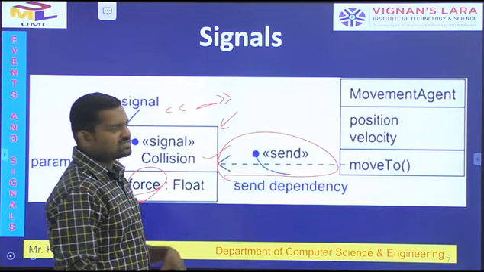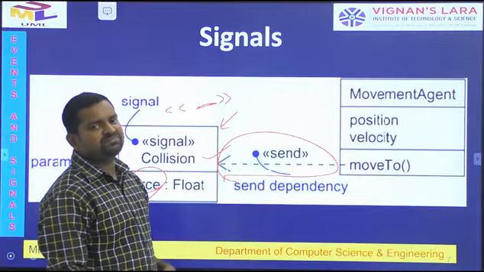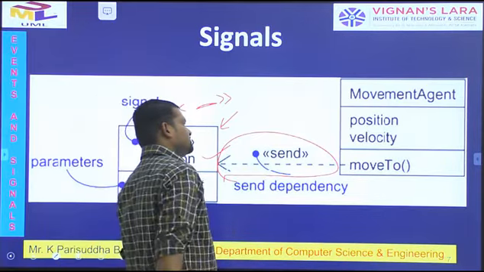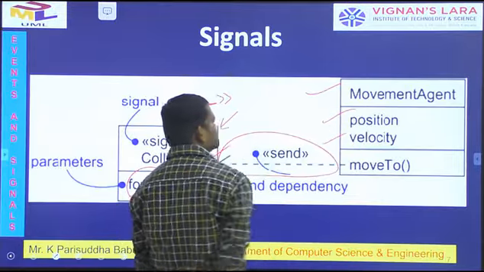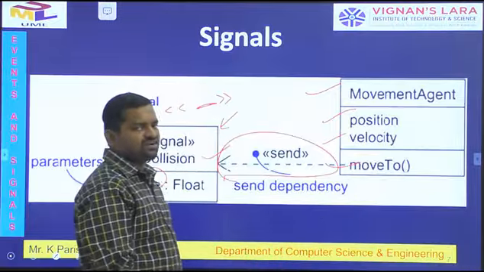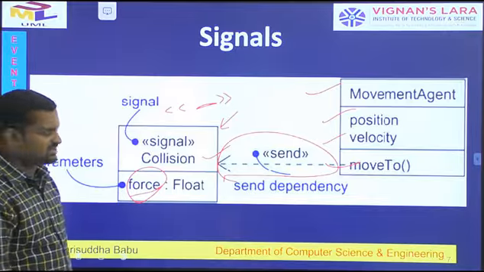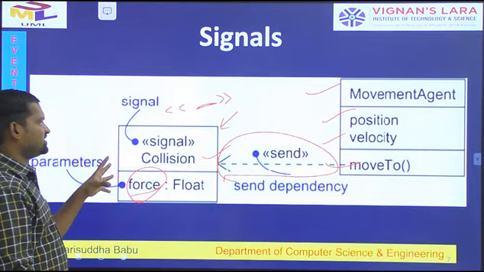Between the movement class and the signal there is a dependency relationship, the send relationship. Name, position, and velocity are the attributes of the movement class. Move to is the function, operation, or method for the movement agent class. Okay? So this is about signal creation.